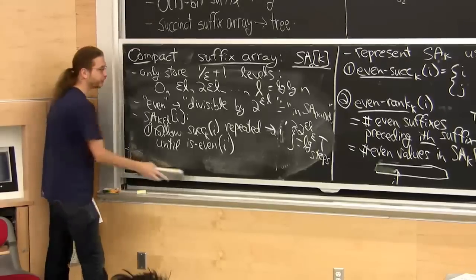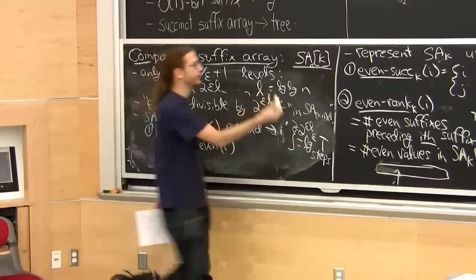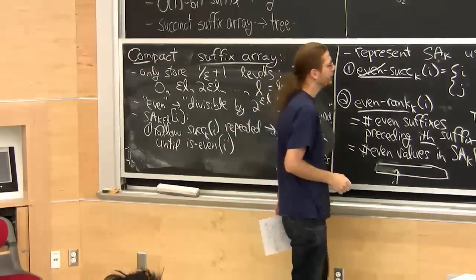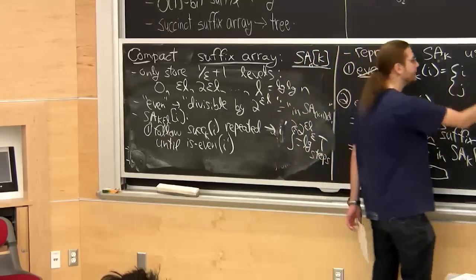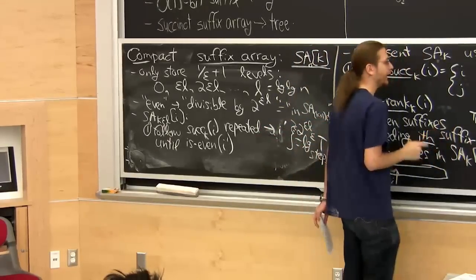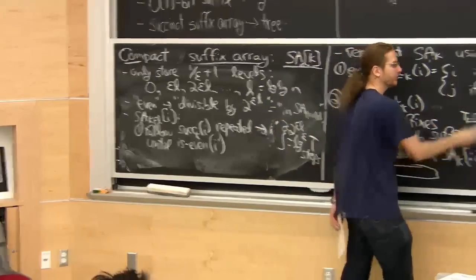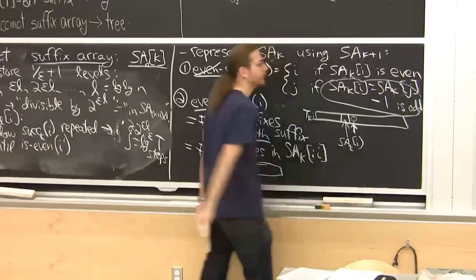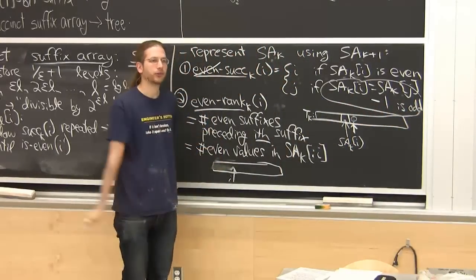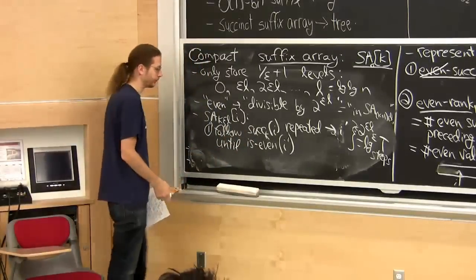Now what is successor? Well, successor is just the same thing. If you're even in this strong sense, then nothing happens. Otherwise, you just, same definition. This part is exactly the same. Just go to the next position, the next suffix. But now we have to follow it several times until we get to an even one.